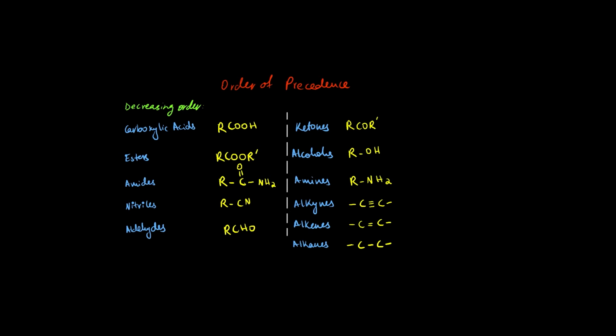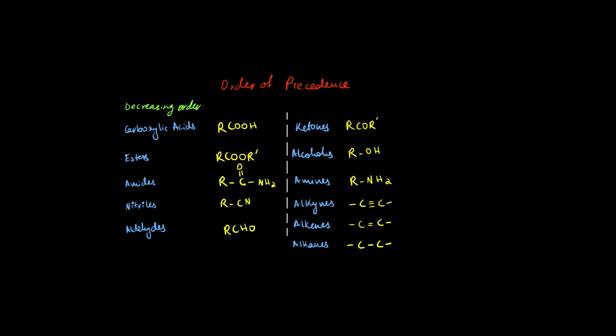Why are these in decreasing order? It means that carboxylic acid holds precedence over all the other classifications. Similarly, esters hold precedence over all the classifications below it. So you need to keep these in mind, and when we do these examples on the next slide, you will get a handle on how exactly we use this order of precedence series. You need to remember this series because it will not be given to you in the examination.